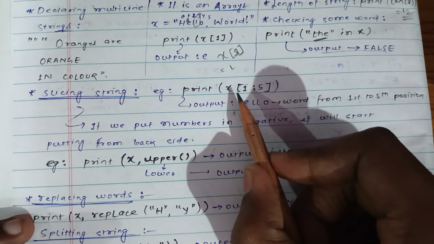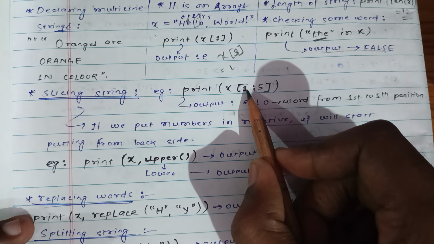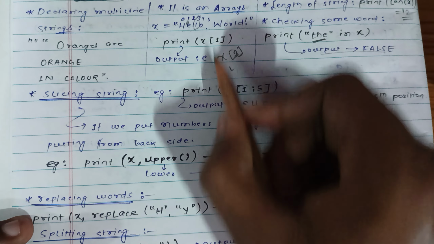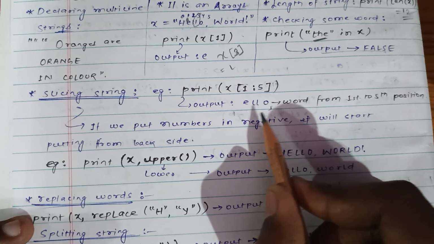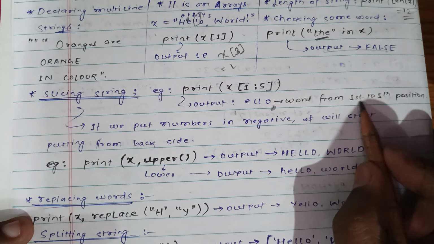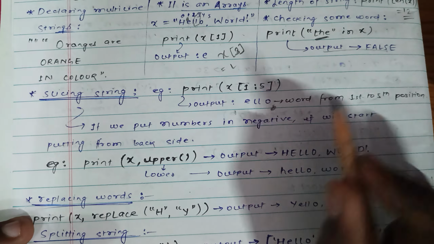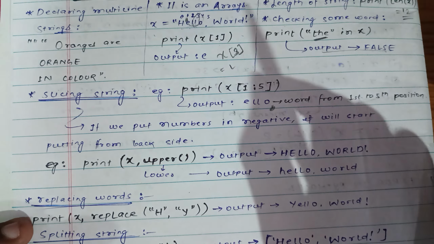So this means print all the values of array x from index 1 to 5. So we have to see 1 2 3 4 5. It prints first to fifth, not the fifth one. First to fifth means 1 2 3 4 only. So e l l, that much only. So this will print ell.